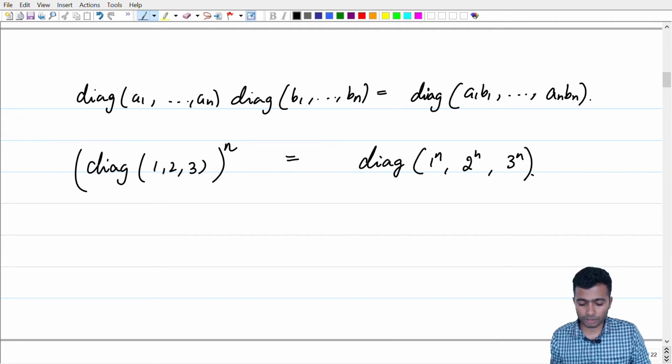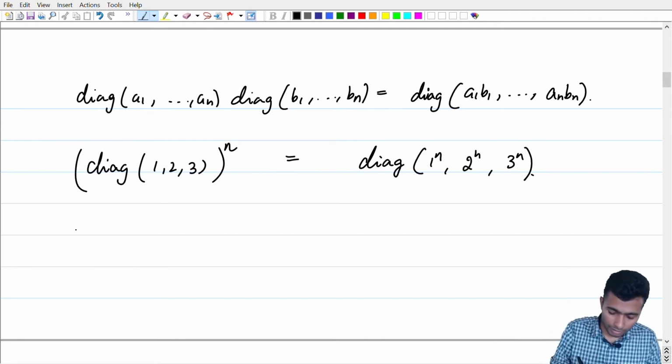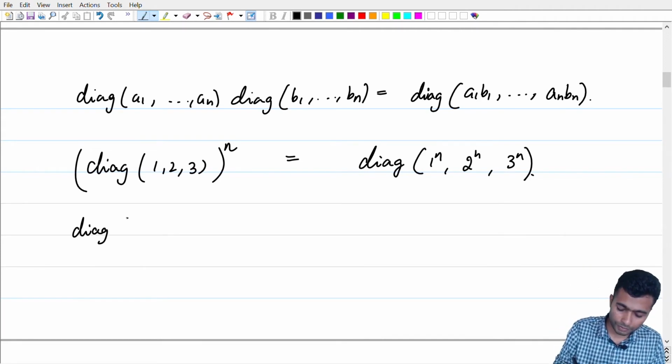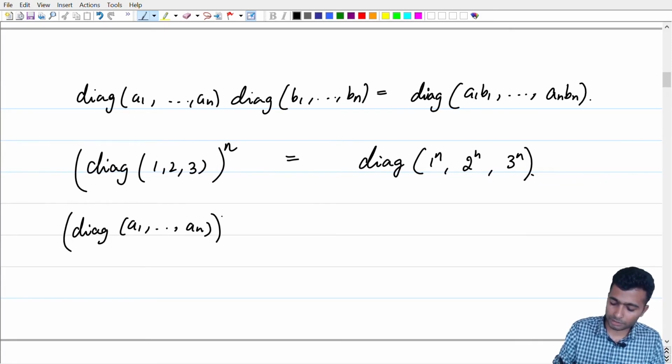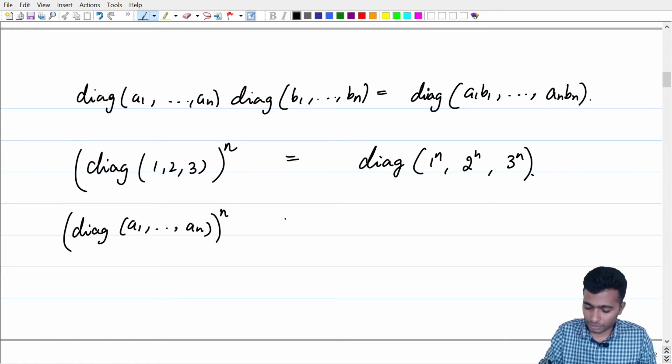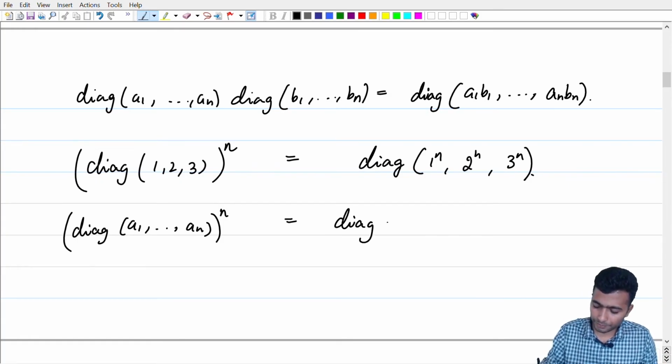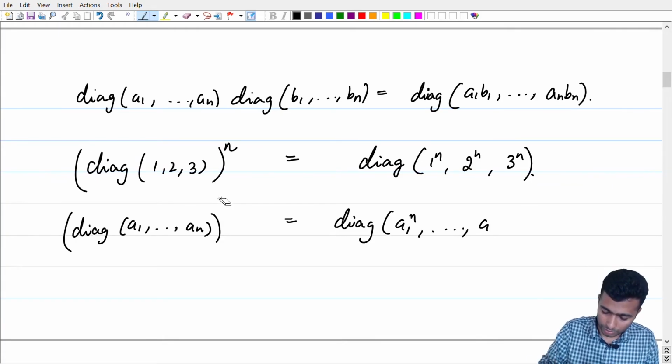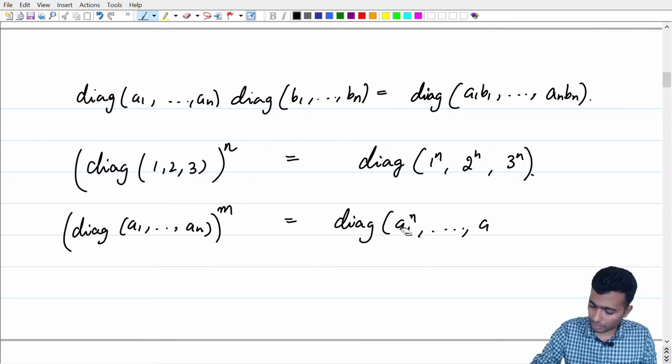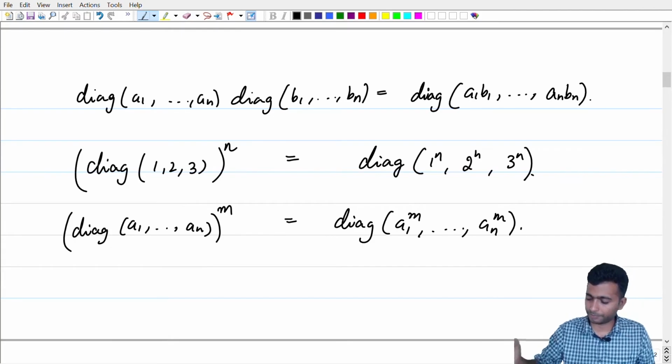So diag of a1 to an, if you multiply this matrix with itself m times, this will just give us a1 to the power m, up to an to the power m. There are too many n's lurking around, so let me just make it m.